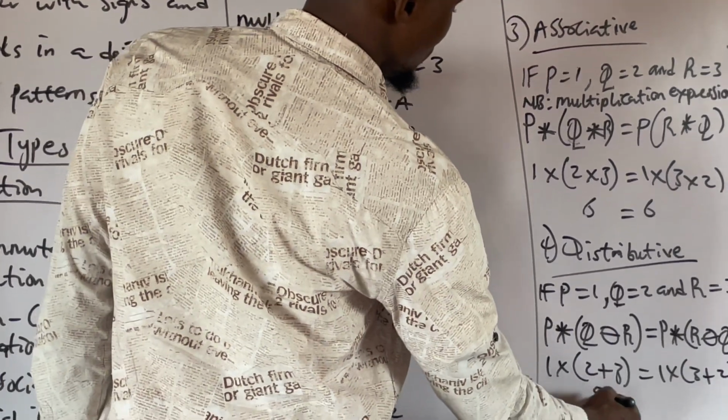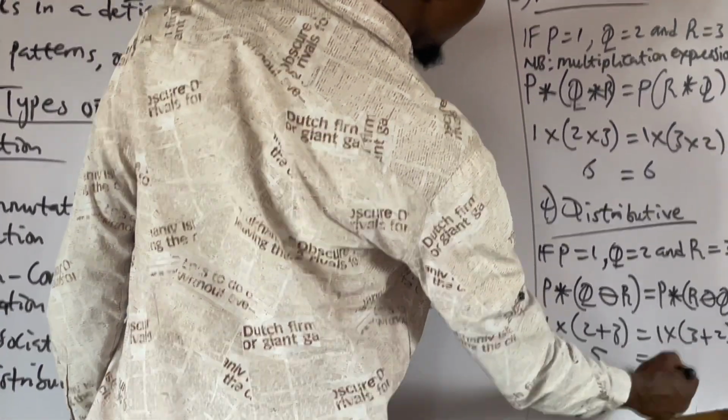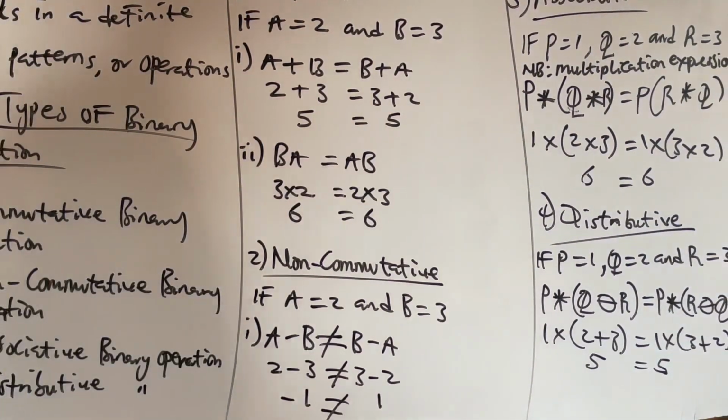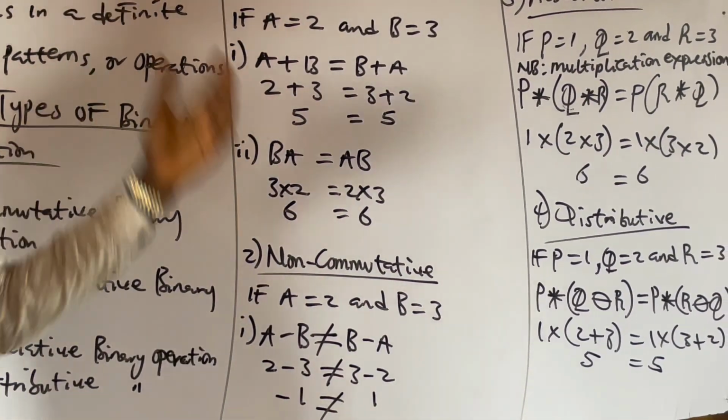What do you have here? 5, and you have 5 here. So that is that on the concept of binary operation.